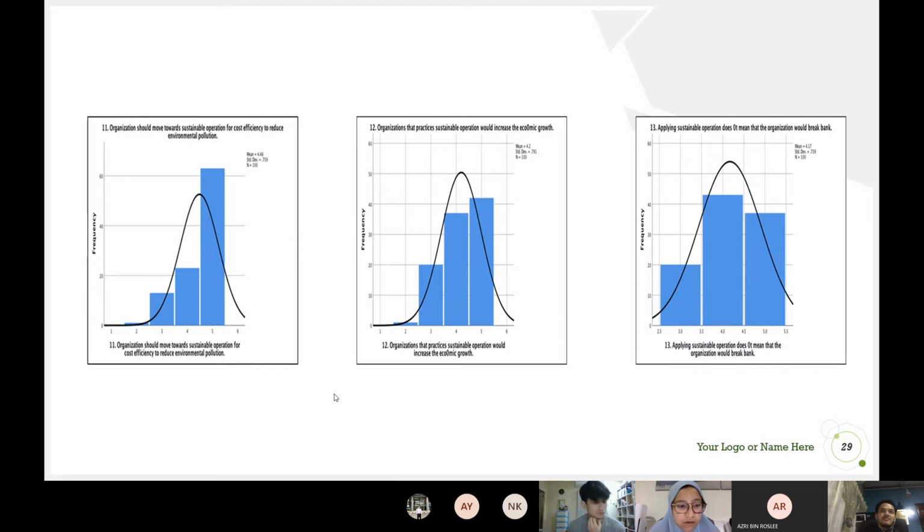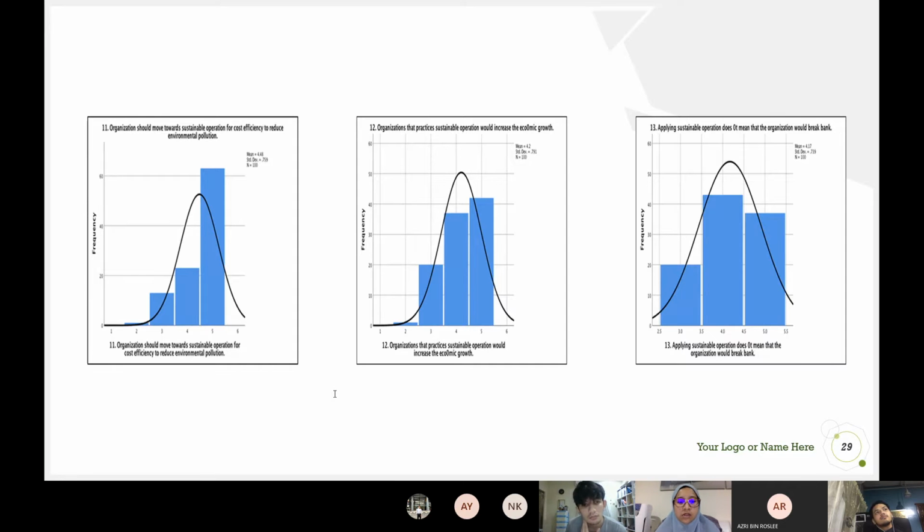As we can see, for this question, mostly they will agree with the statement given. So for question number 12, organizations that practice sustainable operation would increase the economic growth.